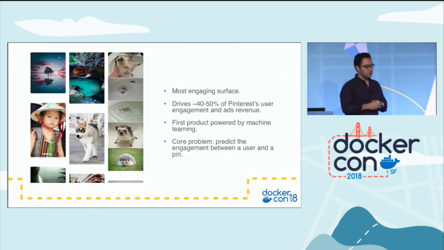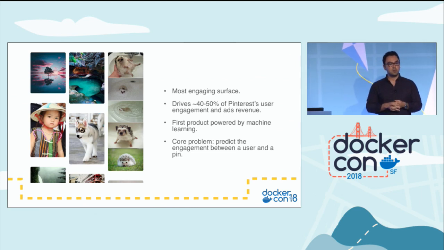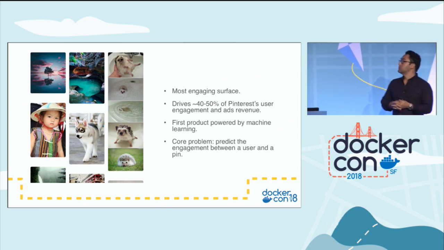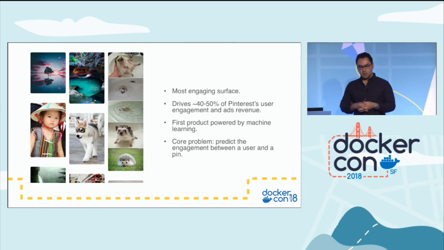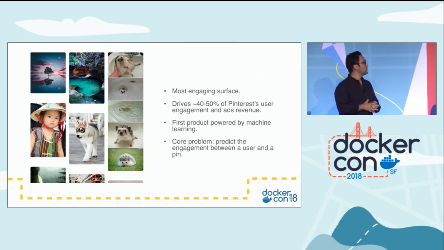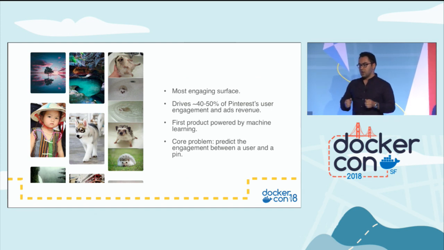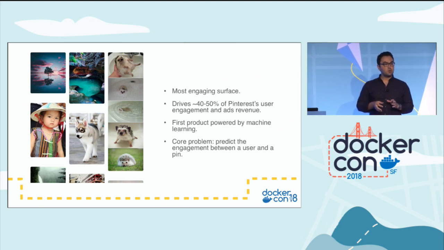It's one of the most engaging surfaces on Pinterest and drives most of Pinterest revenue. And it was also the first product that we powered through machine learning algorithms. And as I'm going through the talk, one thing to keep in mind is our main purpose is to provide an ordering between the user and the items being our pins.